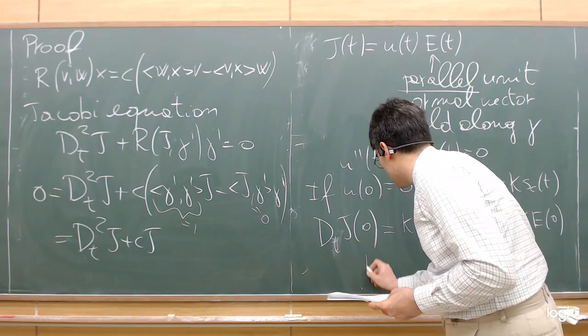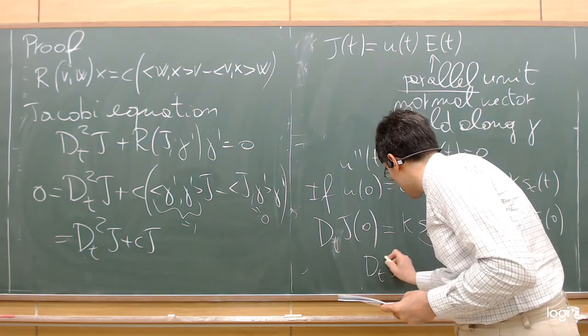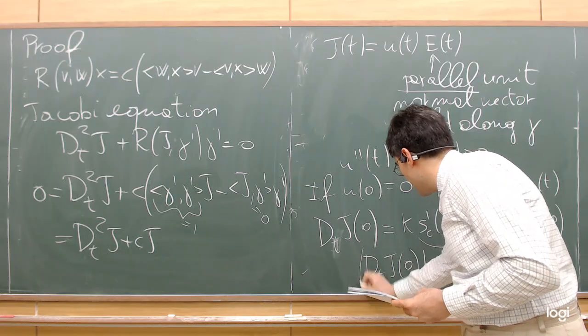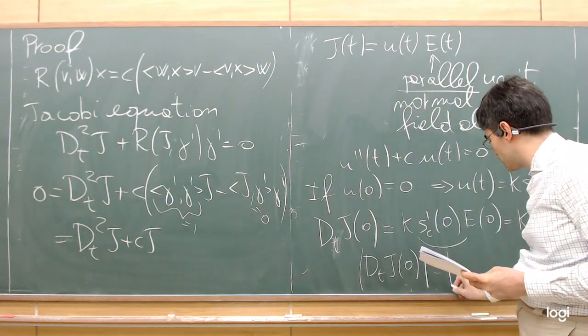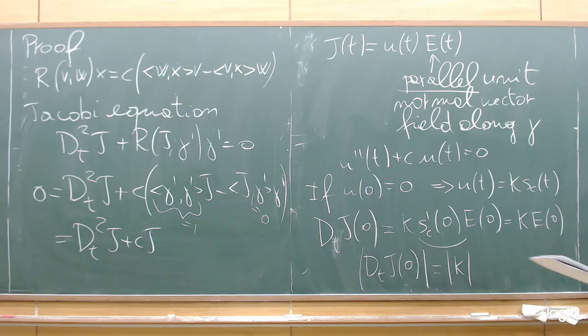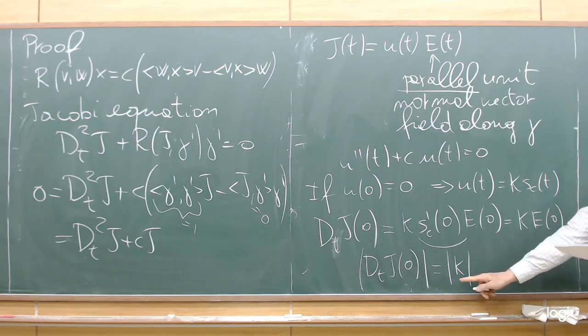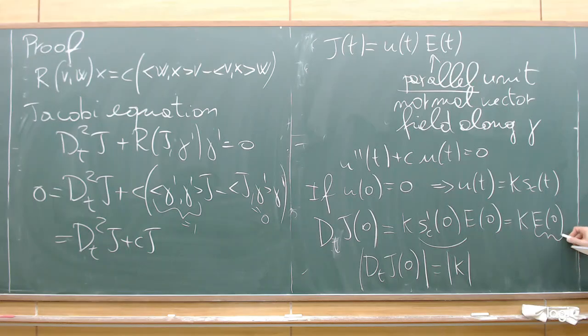Consequently we have that D_t J at 0 has norm equal to the absolute value of K, because this is of norm 1.